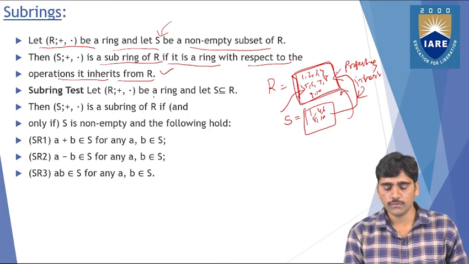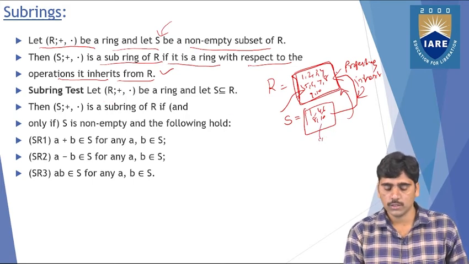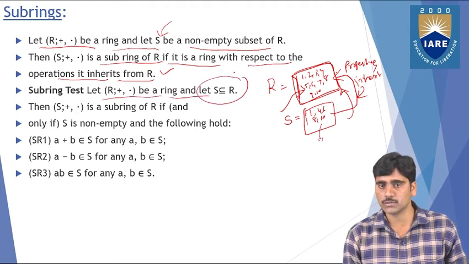And if you want to test whether this is a subring or not, you can do it as follows. Let R be a ring and let S be a subset of or equal to R. S subset means it is also included as a part of the ring.